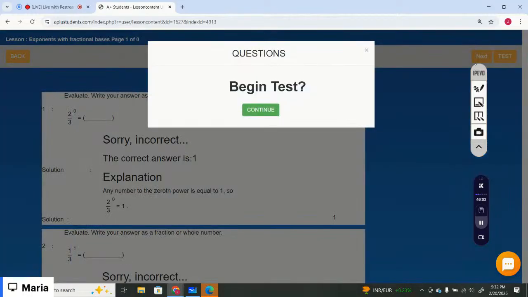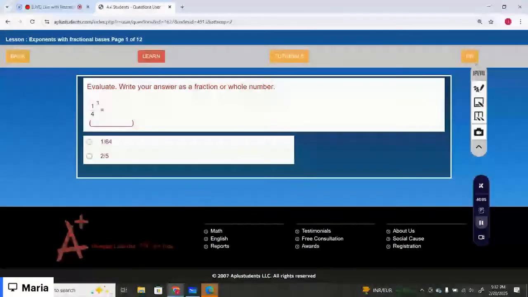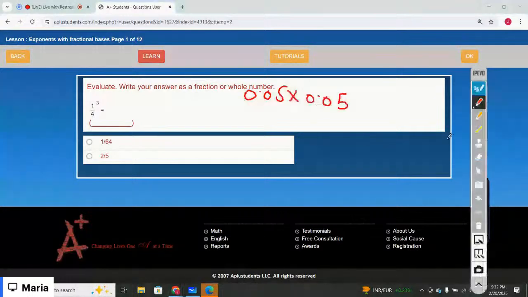Let's just start with the test questions. Evaluate. Write your answer as a fraction or whole number. 1 over 4 exponent 3.